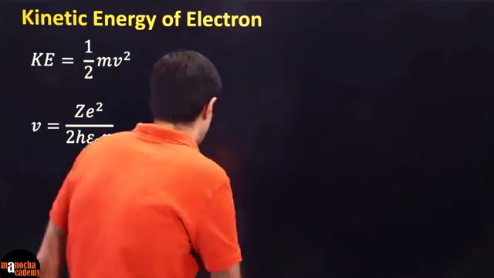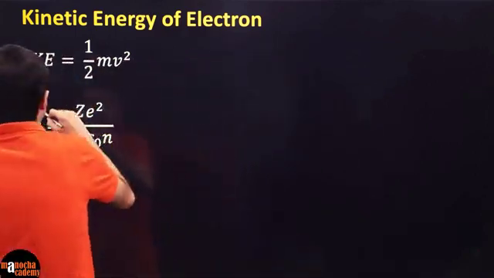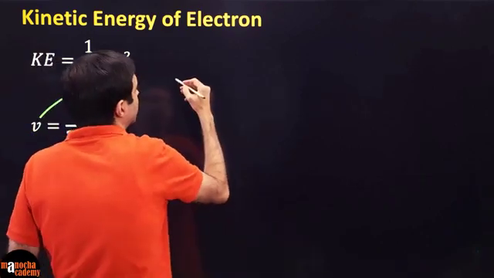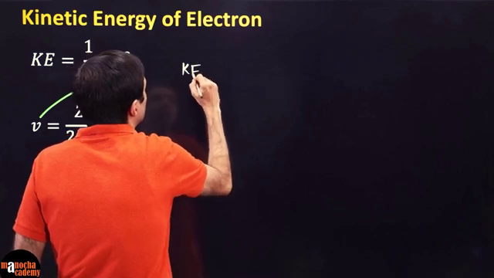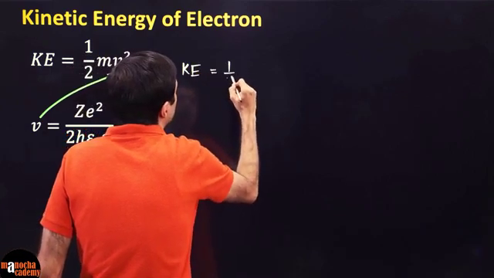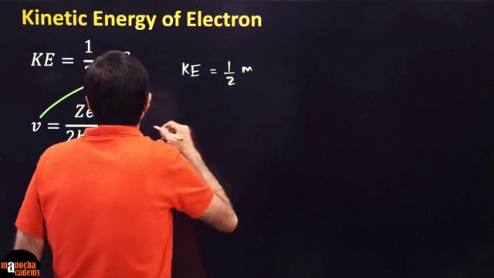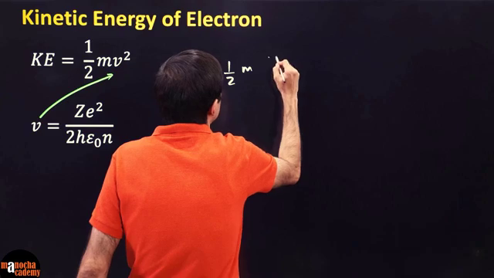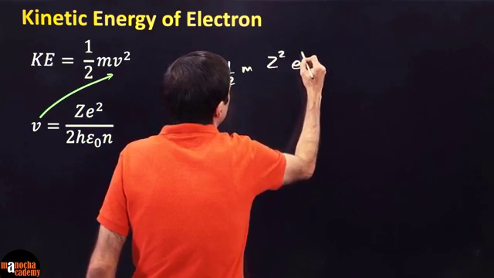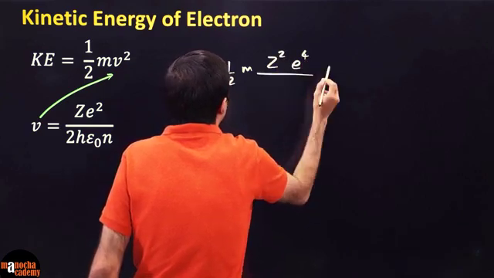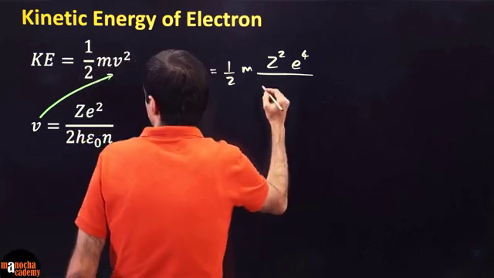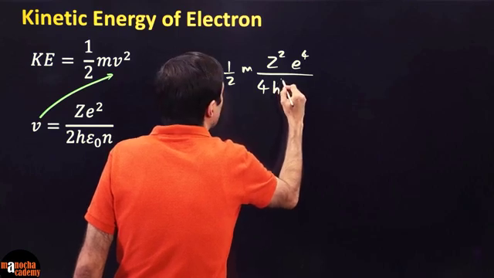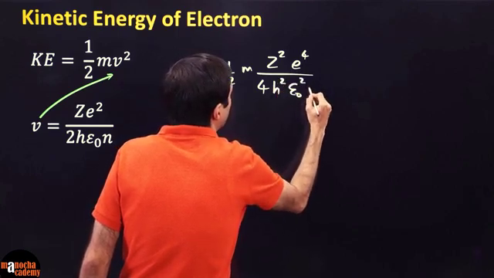That's it. So substituting this V in the kinetic energy formula, I am going to get kinetic energy equal to half m, and this V square will be this entire thing. So we'll just square this entire expression, Z square, e square to square, which means e to the power 4, divided by 2 square over here. So that's going to be 4h square, epsilon naught square, n square.